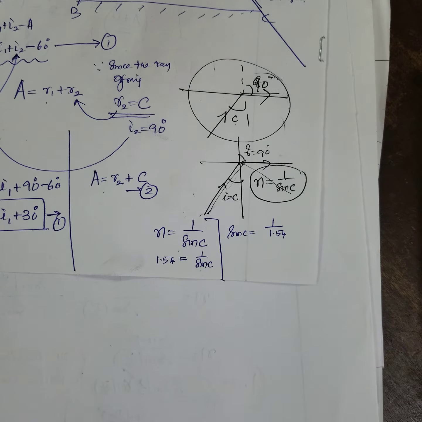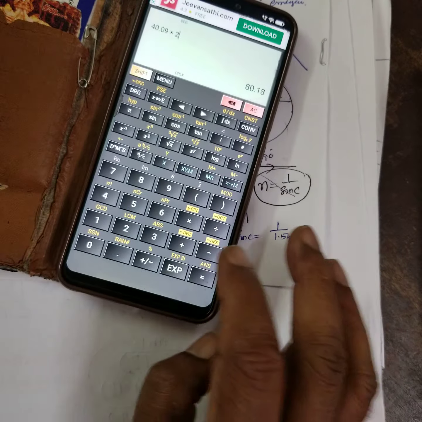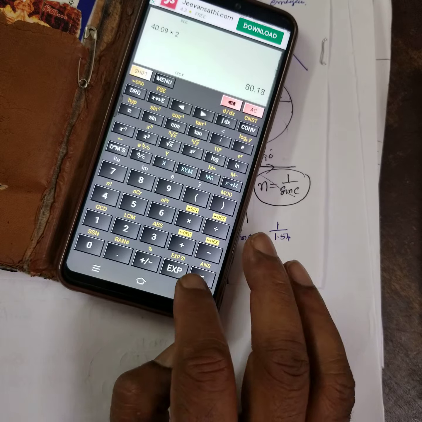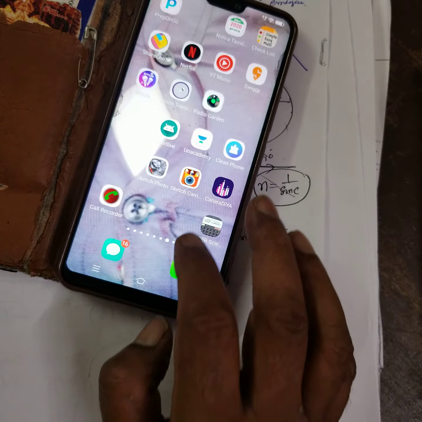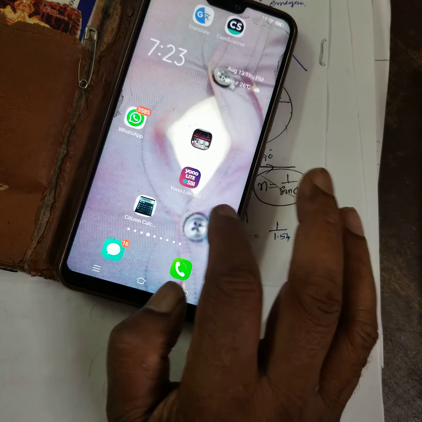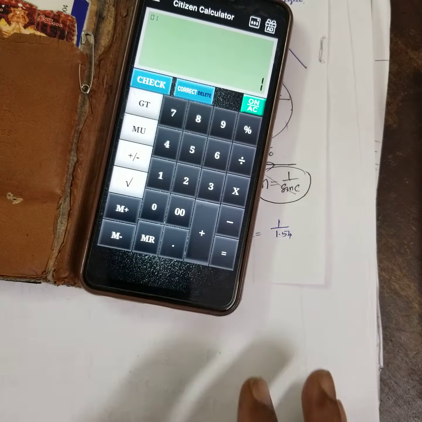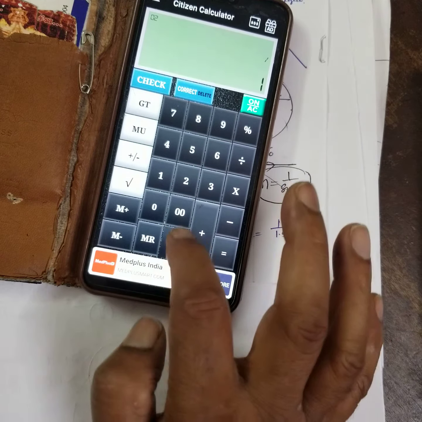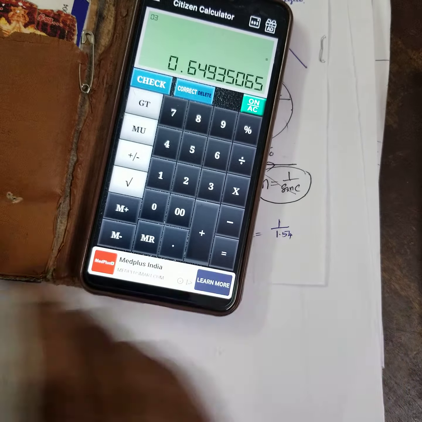Right? Again calculator. I'm not comfortable with this calculator. This is 1 divided by 1.54. How much does it come?